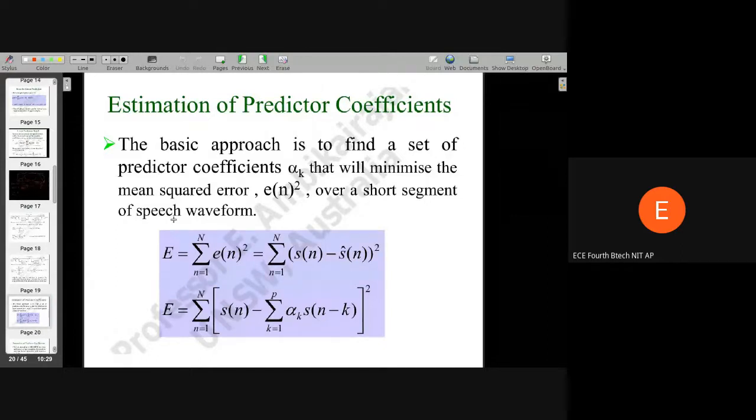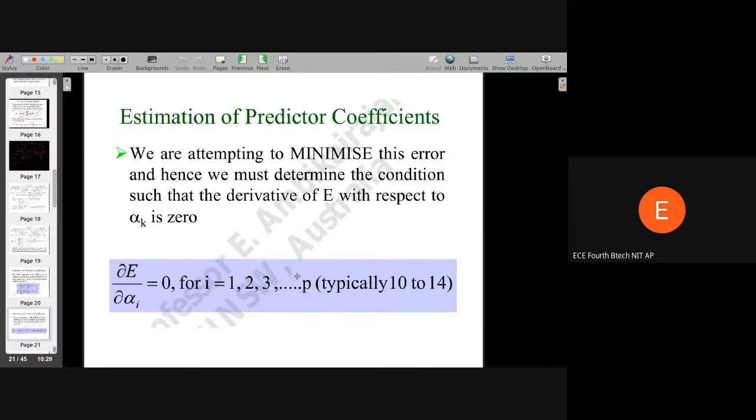This is the term we said, E. We have to minimize this. You already know basic calculus, that the minima of a function is determined by the derivative, wherever the derivative is 0.